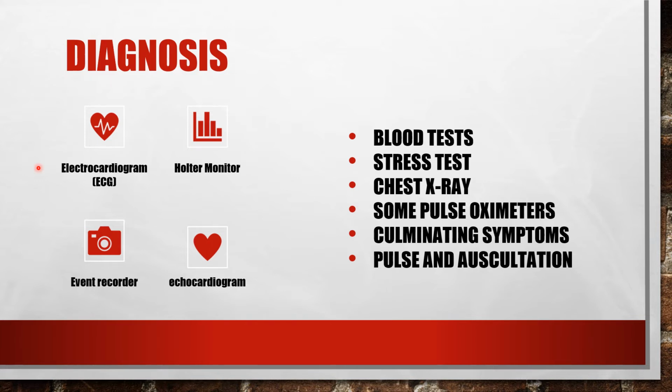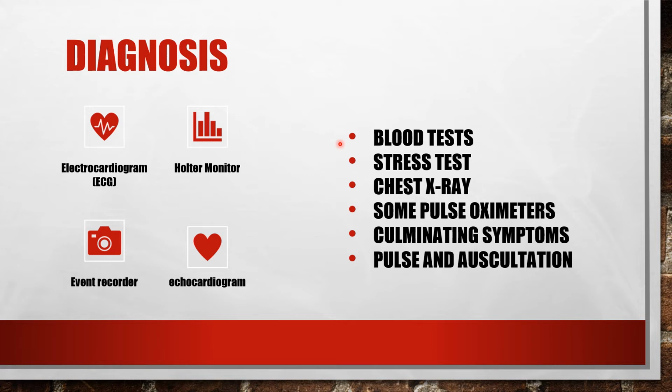Now, for the majority of the other patients, though, the ones that have symptoms, an ECG is usually what we go to first. Now, other methods can be used, such as a Holter monitor, or an event recorder, or even an echocardiogram. Keep in mind these other methods can not only be extremely useful for the diagnosis, but can also draw more value in ruling out other potential causes or diseases.